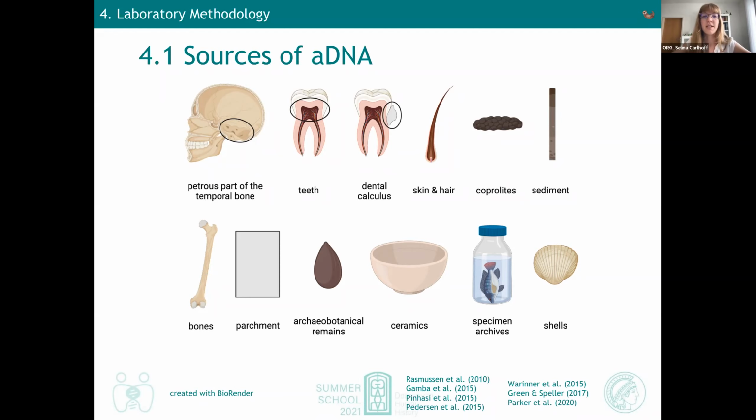But these all, of course, concern humans, and so do skin and hair samples. Whereas with ancient DNA, you can also study, of course, animals, for example, through the analysis of parchment. You can study plants through archaeobotanical remains, and you can also investigate what was in a ceramic vessel with ancient DNA.